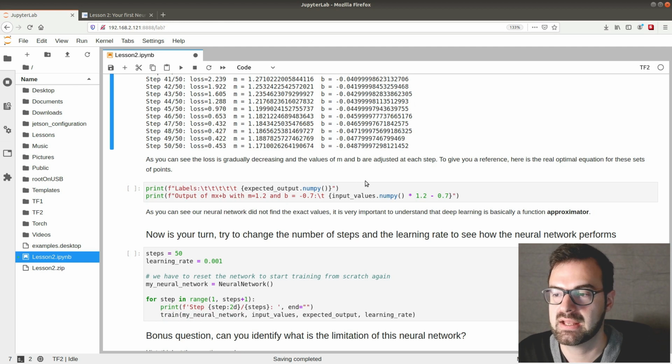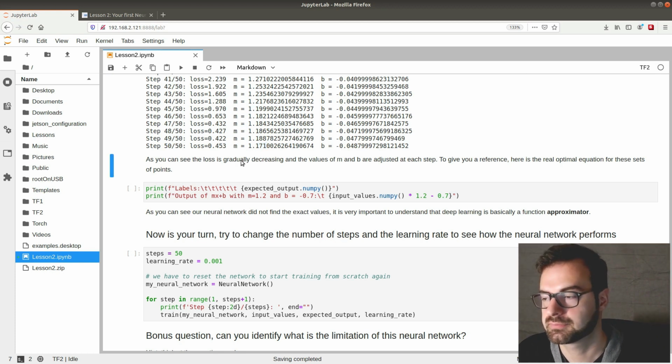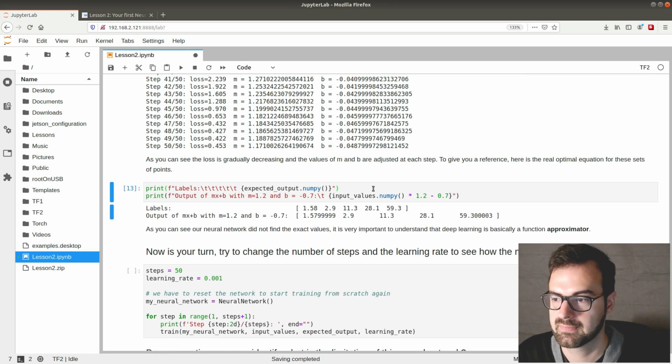So as a reference, now we got our theoretical equation. So m is 1.171 and b is minus 0.048799. But to give you a reference, I created those inputs and outputs based on another equation. We can see it here, we can run it.